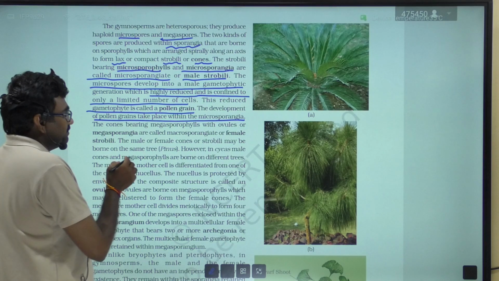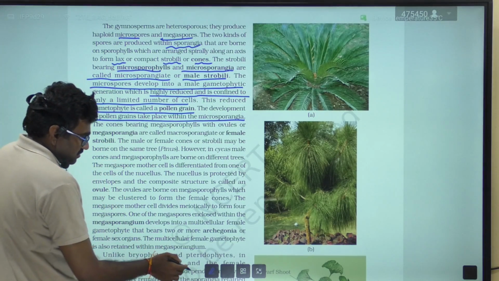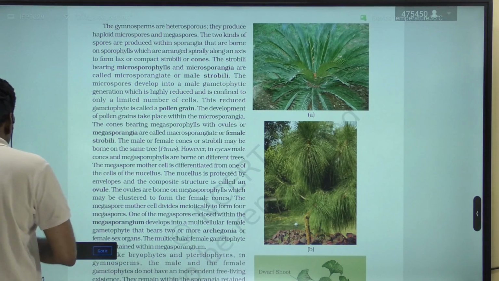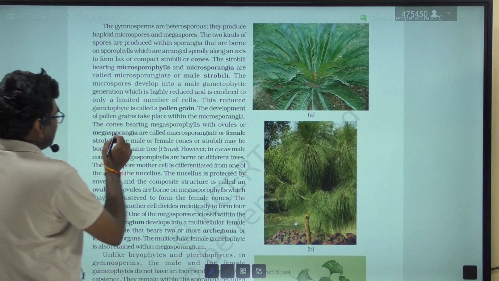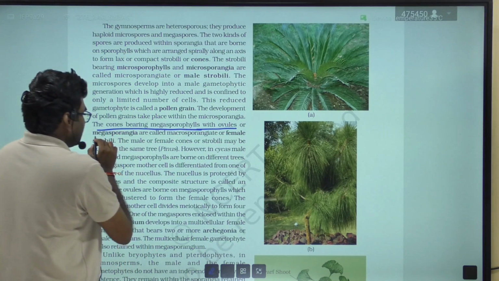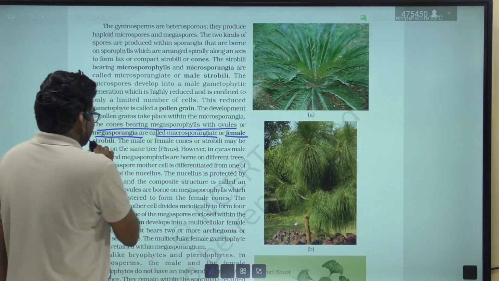The cones bearing megasporophylls with ovules or megasporangia are called macrosporangiate or female strobili.